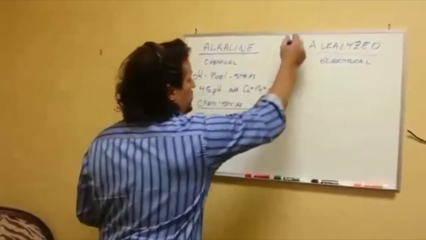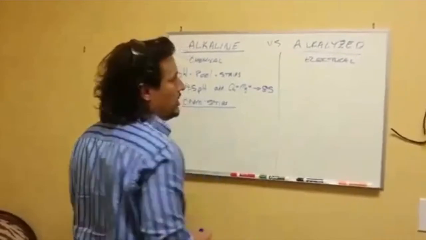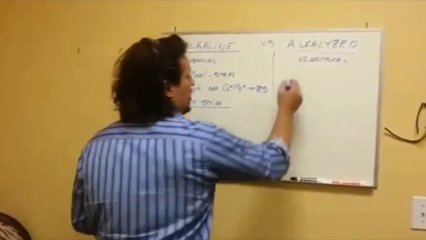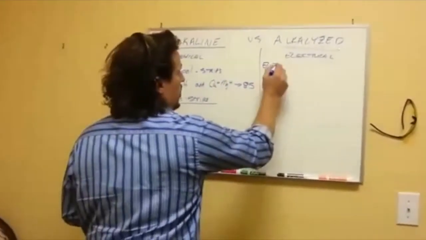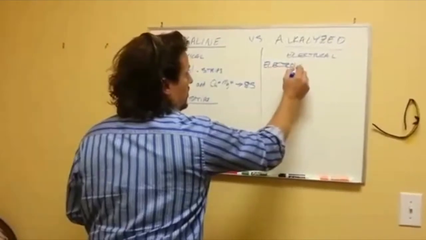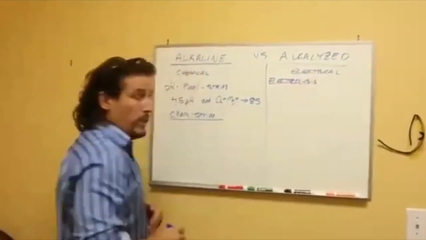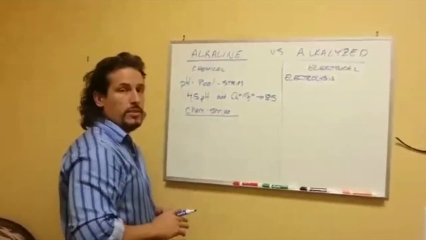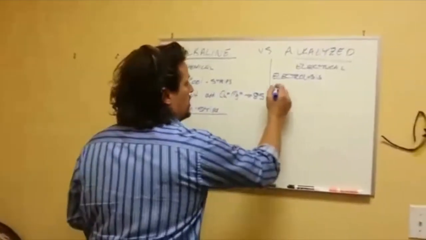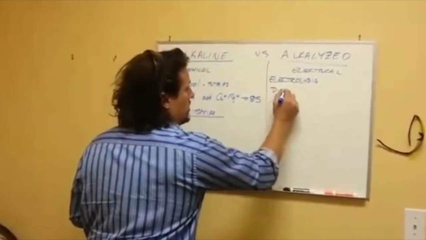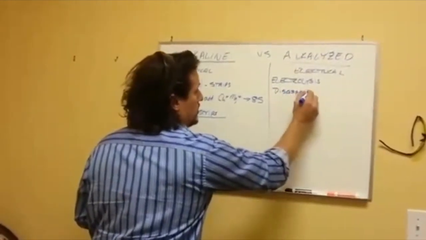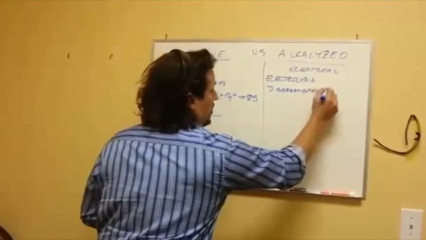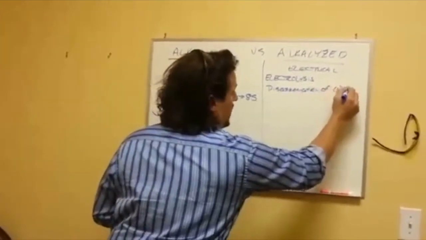However, when you compare this to alkalized water, what's going on is there is an electrolysis process, and basically it's shocking the water. It takes an enormous level of energy to do a process that is called the dissociation of water, and you can Google that.